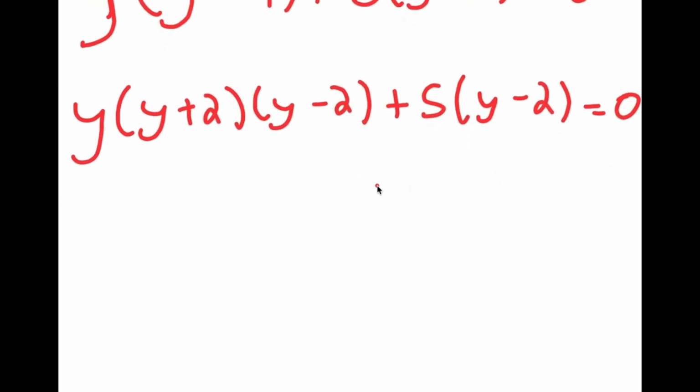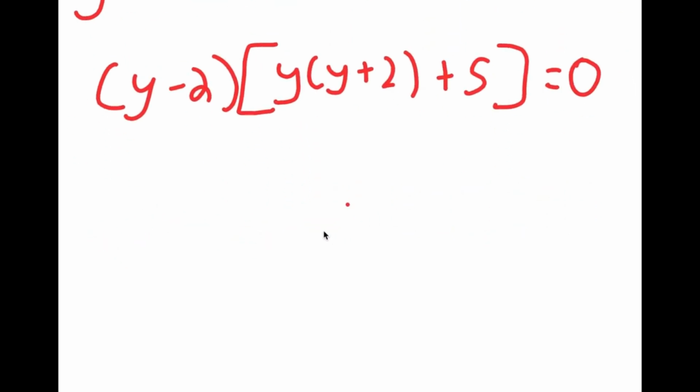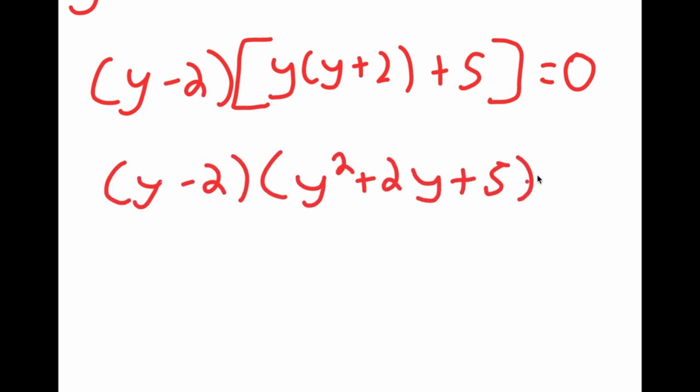And now from here, notice that the only common factor for all these terms is y minus 2. So I have y minus 2 times y plus 2 plus 5 is equal to 0. And now if I simplify this, I get y minus 2 times y squared plus 2y plus 5 is equal to 0.